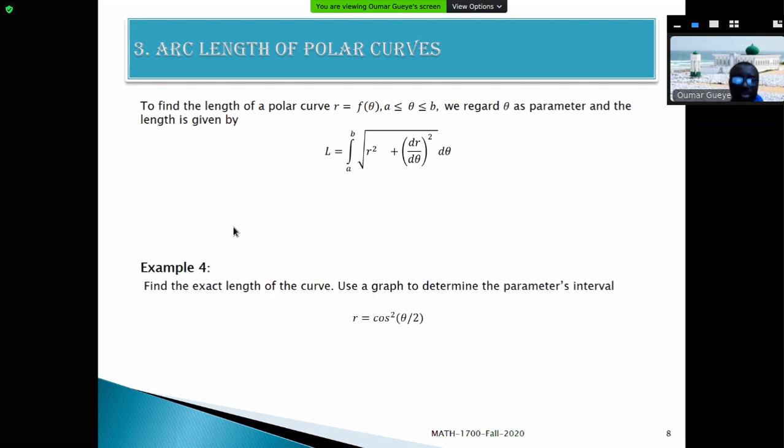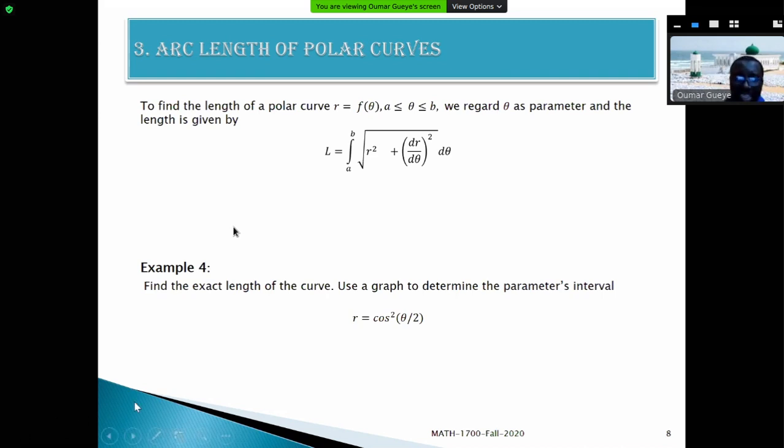So here is an example. And in this case, this is my f of theta, r equal to f of theta. But here, you know, the interval of integration is not given. We don't know a and b. And to find them, the question asks us to sketch the curve in order to see exactly how to find the interval of integration.